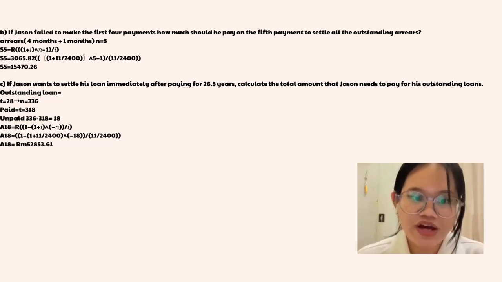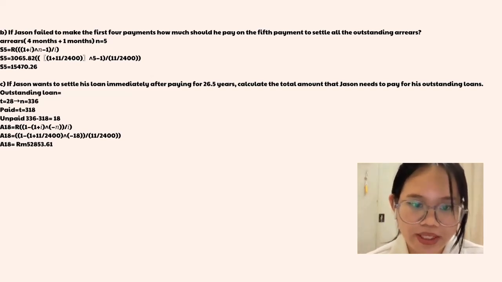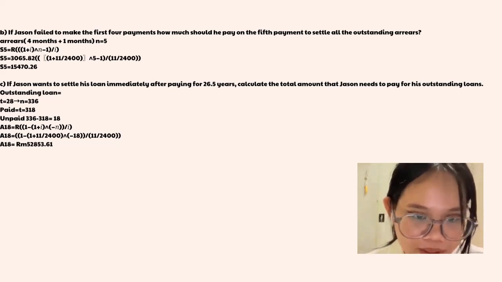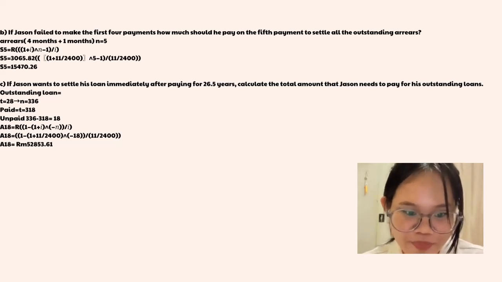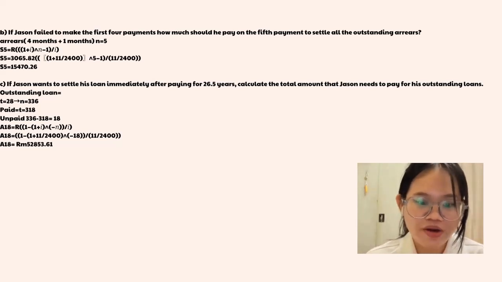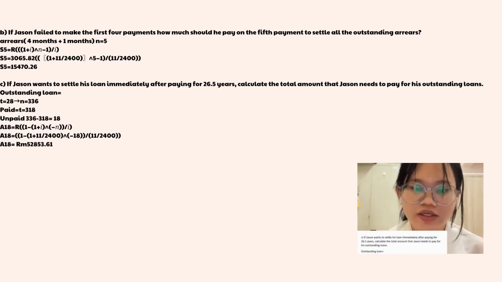S5 equal to 3,065 ringgit and 82 cents, open bracket, 1 plus 11 over 2,400, close bracket, power 5 minus 1 over 11 over 2,400 and close bracket. S5 equal to RM 15,470.26.